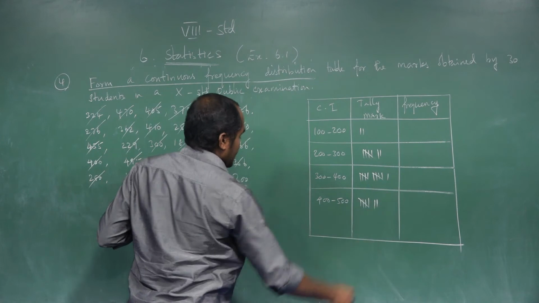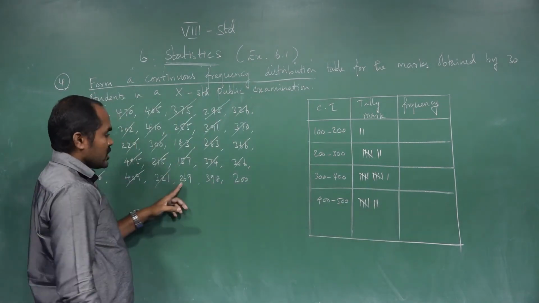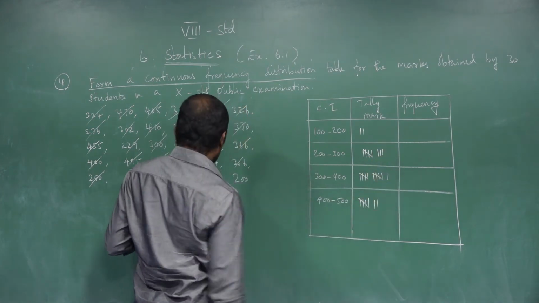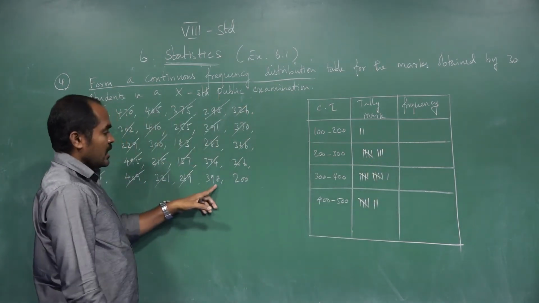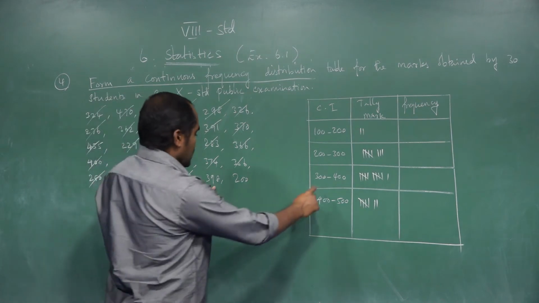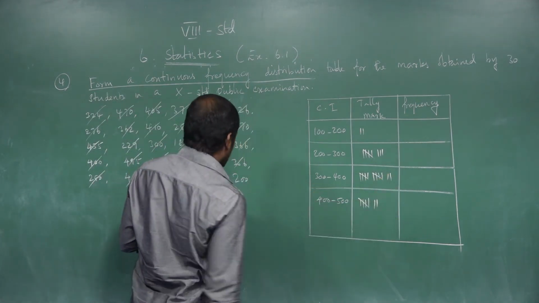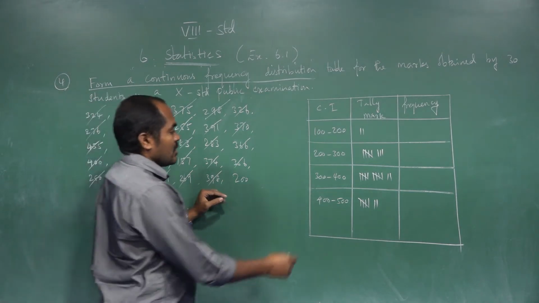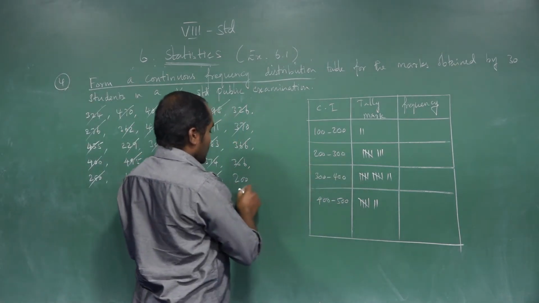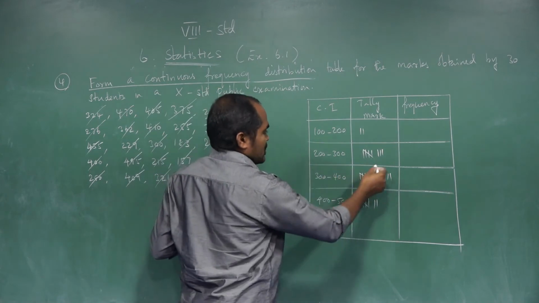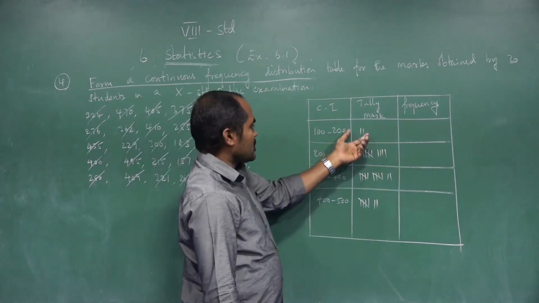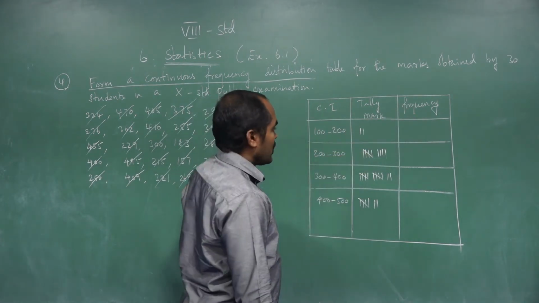So draw one line here. 269 lies between 200 to 300. 398 lies between 300 to 400. So draw one line here. Finally 200. So 200 lies between 200 to 300. We want to write the second class interval. So count these lines and write our respective frequencies.